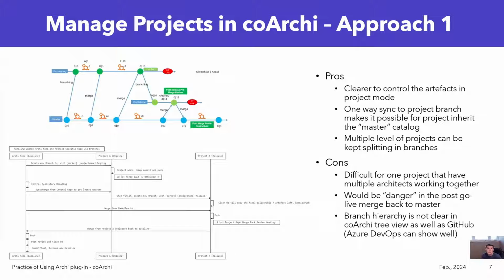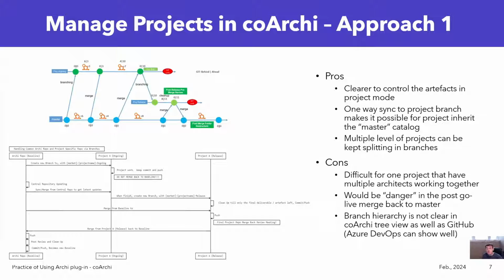No one touches the base on your branch, and we build this soft discipline of one-way sync to the project branch, making it possible for the project to inherit the master catalog whenever we keep adding. And multiple levels of projects can keep splitting into branches, which you saw in the DevOps, so you can have multiple levels of hierarchy.